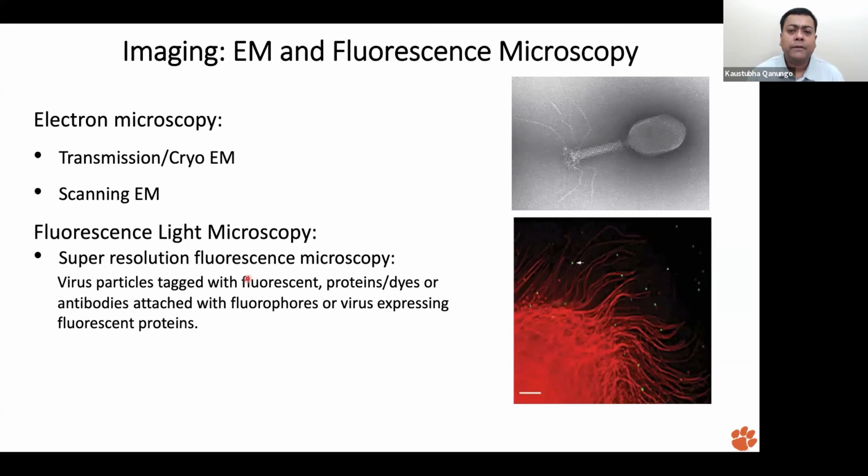And then you have the fluorescence light microscope. The fluorescence light microscope can detect the virus with light microscopy, but only if you add a fluorophore to the virus, because a single virus particle is too small, except the giant viruses that we talked about, like the Pandora virus or the Mimiviruses.